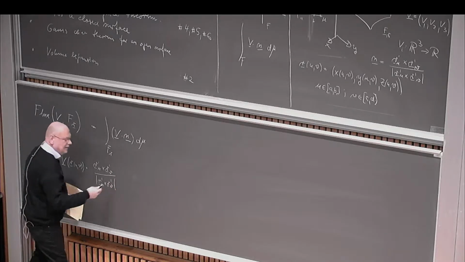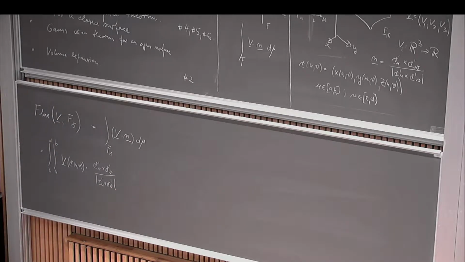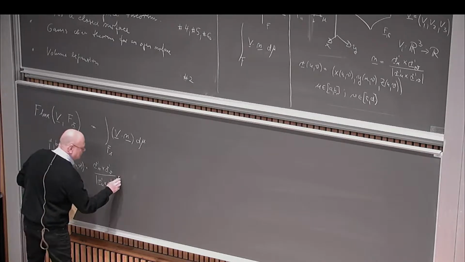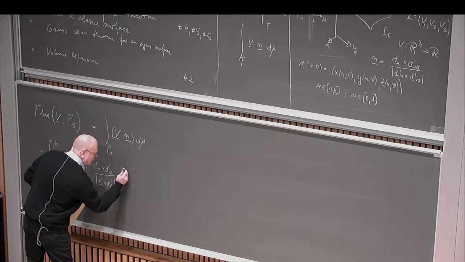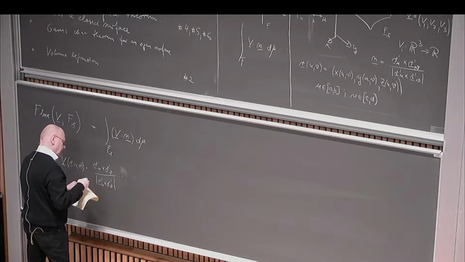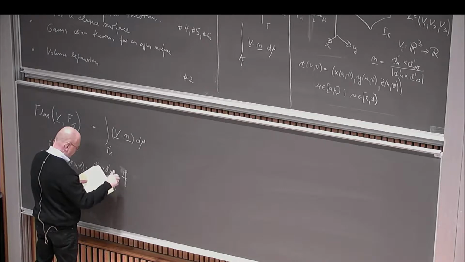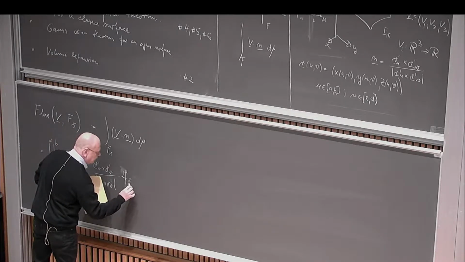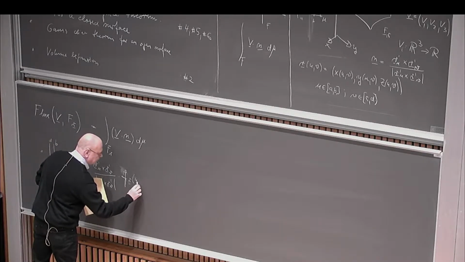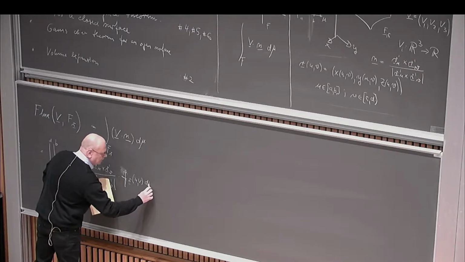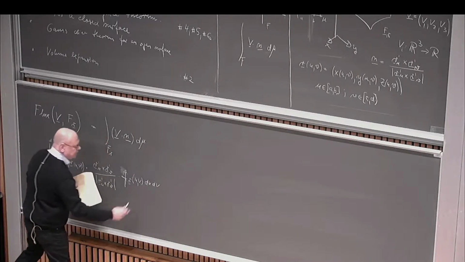And then, as ever, you multiply with the Jacobi function. The Jacobi function, and this is for this parametric representation, and it's a function of u and v, and then you integrate with respect to u and v.